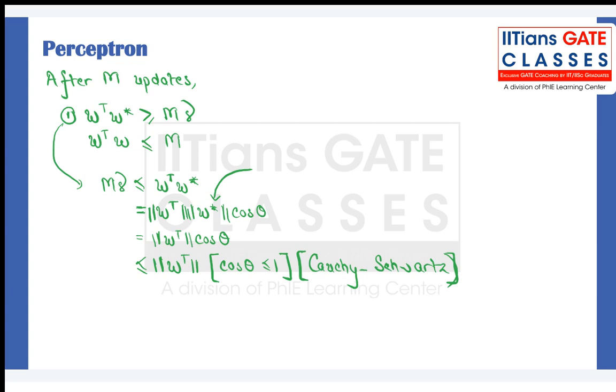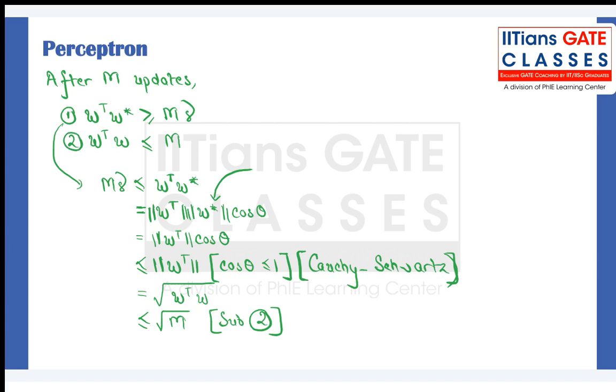I can write this in the form of a norm as root over W transpose W. And what is W transpose W? W transpose W is nothing but M. So it is less than or equal to root M. If you substitute equation 2, so let's say this is equation 2.